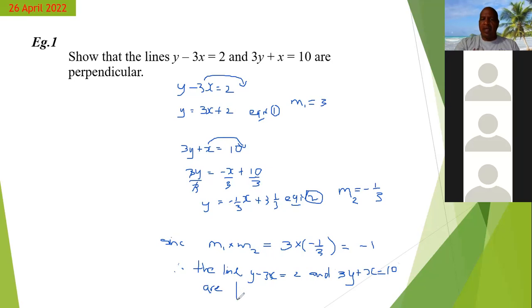And I'm just going to write 2 lines at right angle to mean perpendicular.